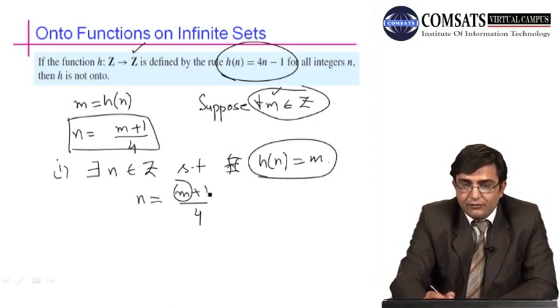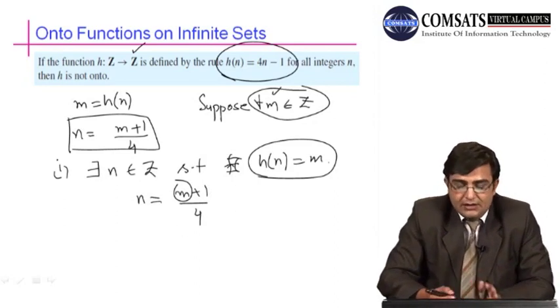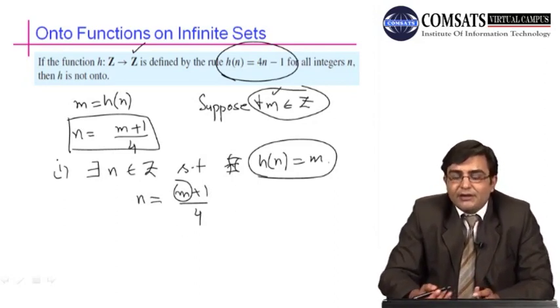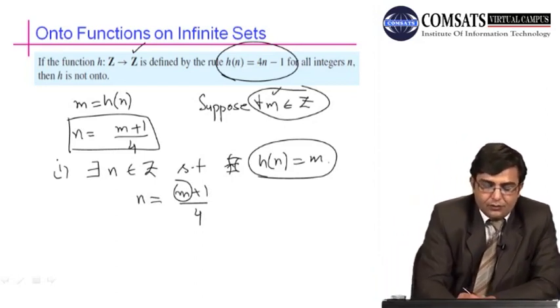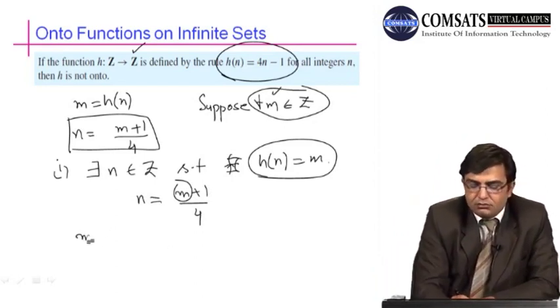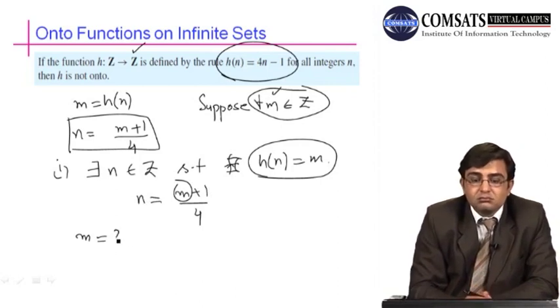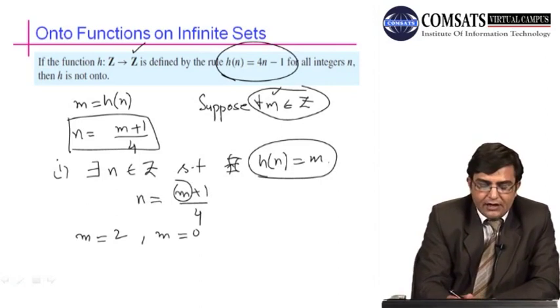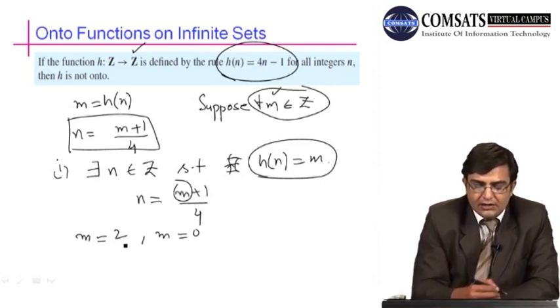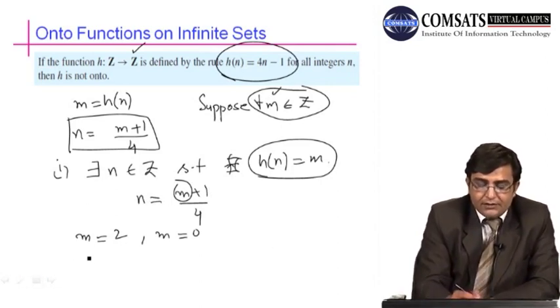Now m plus 1 divided by 4, I doubt this number may not be an integer. For example, if we suppose that m is 2, you can take any other number, but n is equal to what?